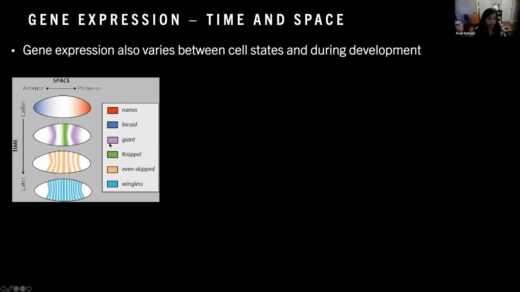As we get a little bit later, we see that giant and Krüppel are expressed again in increasingly specific domains of expression until we get all the way down here to wingless. Some of you might have heard of the mammalian version of that, WNT, in these very specific lines, these very specific domains of expression. So we have our time dimension and our space dimension.